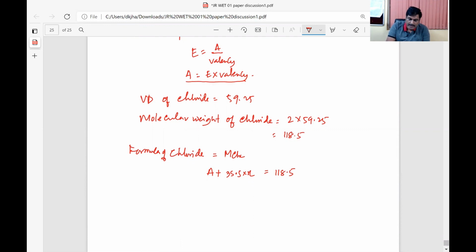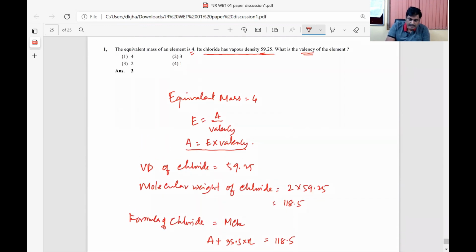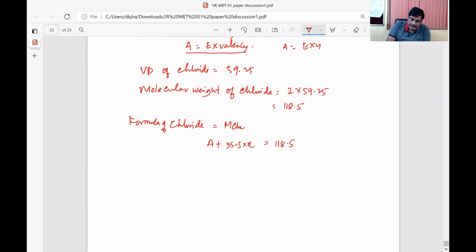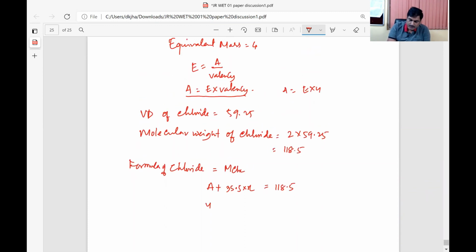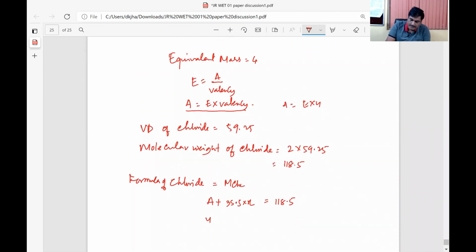A is equal to E into valency, and the equivalent weight is given as 4. So A is equal to E into valency. Valency is x, because M^x+ and x Cl minus, that is the way.